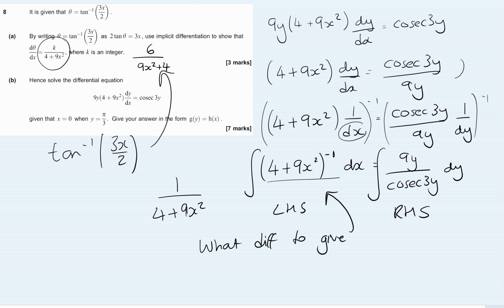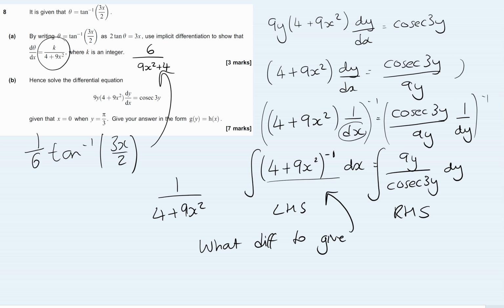So what am I going to do? Well, it's very similar. I just need to divide it by 6. So what differentiates to give this? It's 1/6 of what we did in the first bit. So this is something to spot. Okay, we spot it, brilliant, we've sorted the left hand side. If we don't spot it, we're going to have to do a lot more work.